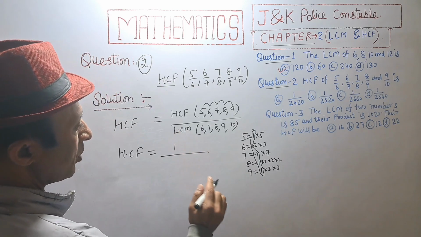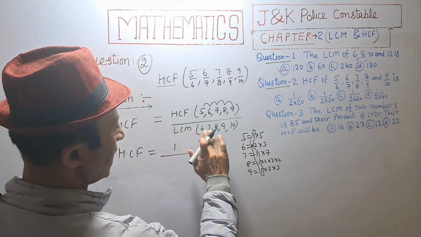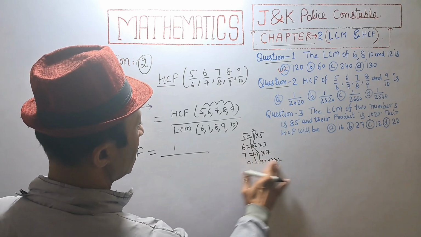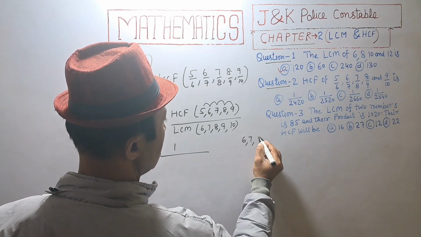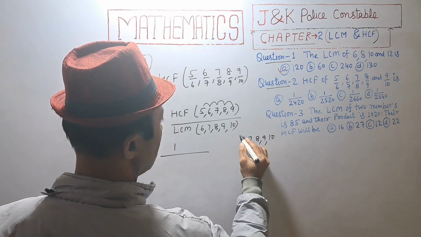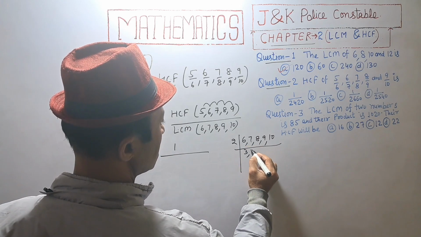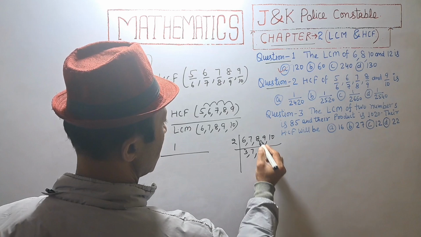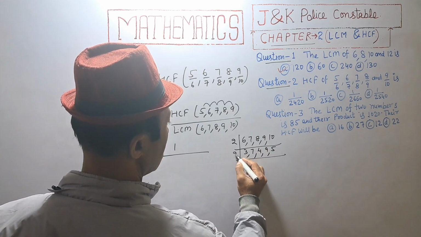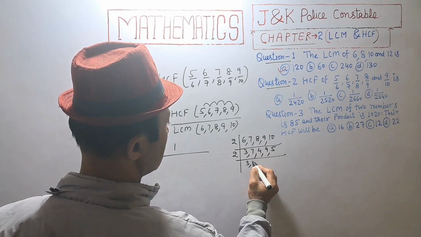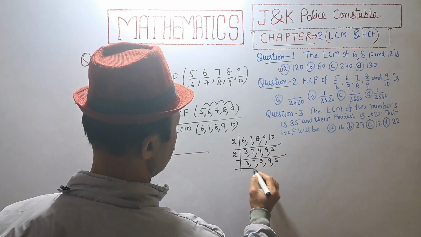And LCM of denominator, then we find the LCM of 6, 7, 8, 9 and 10. 2 3s are 6, 7 as it is, 2 4s are 8, 9 as it is, 2 5s are 10. 2, 3 as it is, 7 as it is, 2 2s are 4, 9 as it is, 5 as it is.